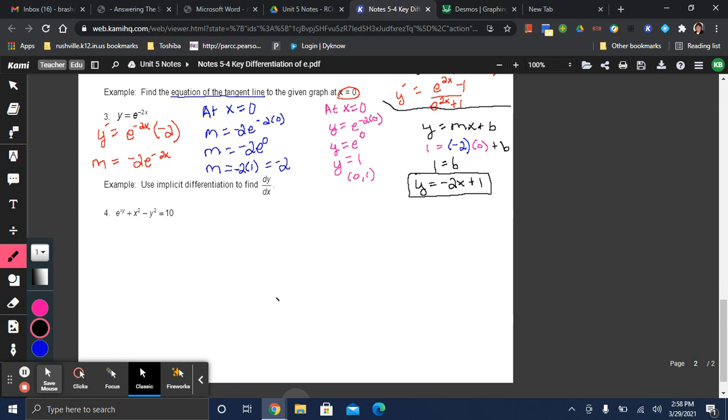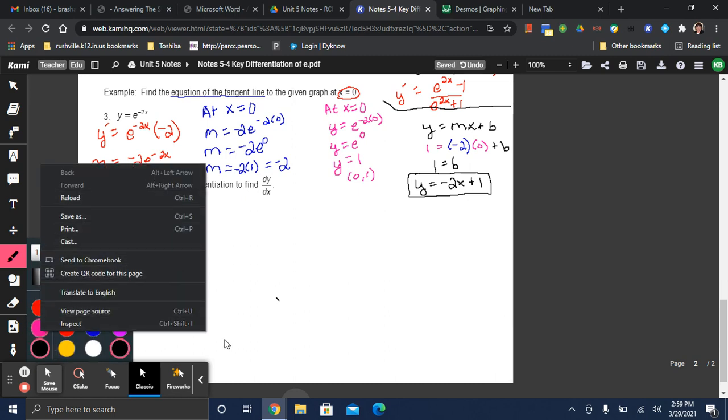And then finally, the last example is just doing some implicit differentiation. And so we've got this expression, e to the xy, that we're going to have to deal with in this equation. So we'll do the derivative with respect to x of this equation.